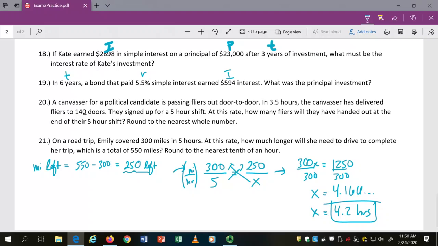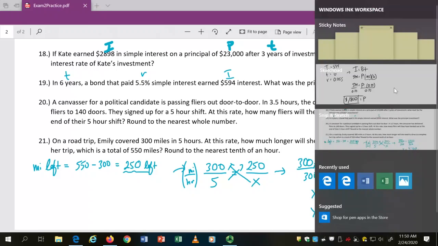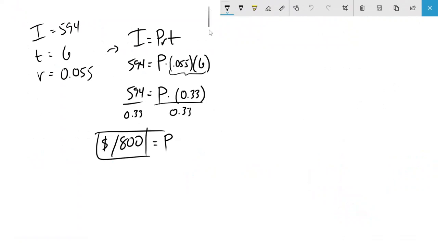They delivered flyers to 140, and they signed up for a 5-hour shift. So then we're looking for how many flyers they would do in total. So then we'd set up a proportional equation. So in the initial equation, in 3.5 hours, they did 140 flyers, right? So that's hours over flyers.